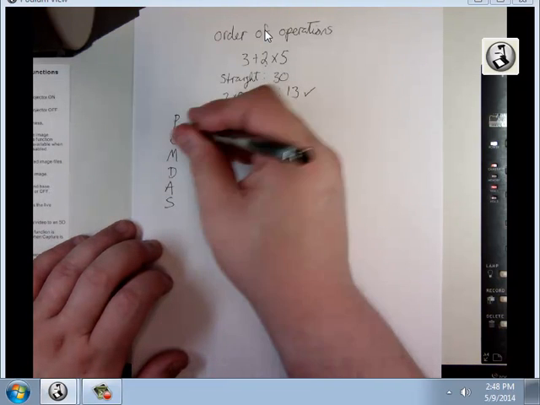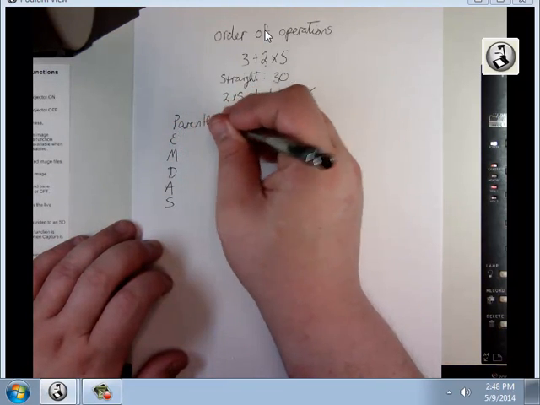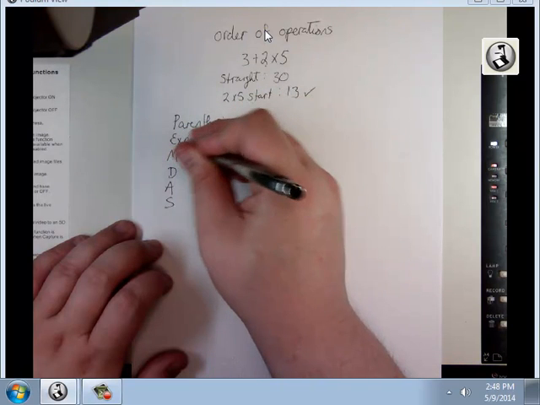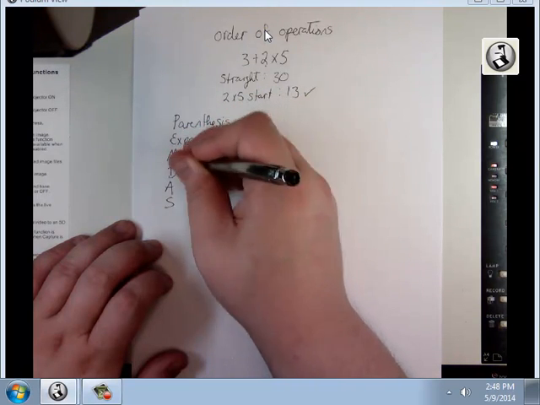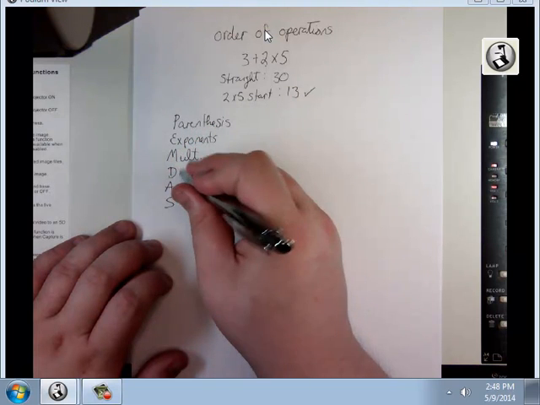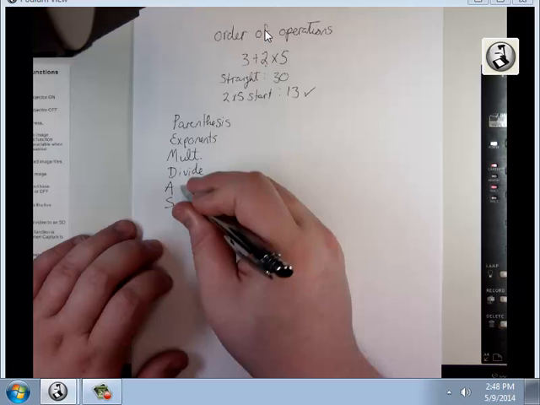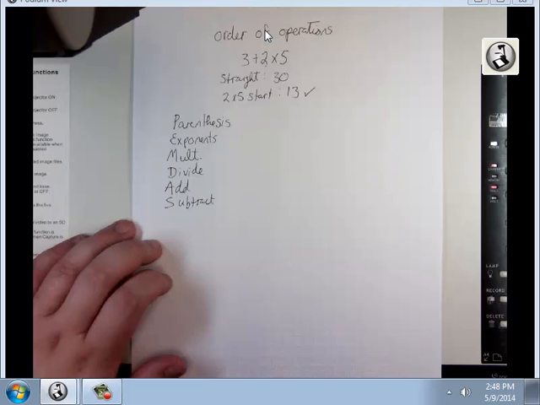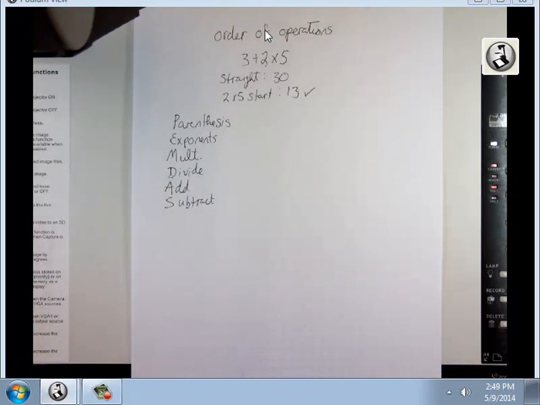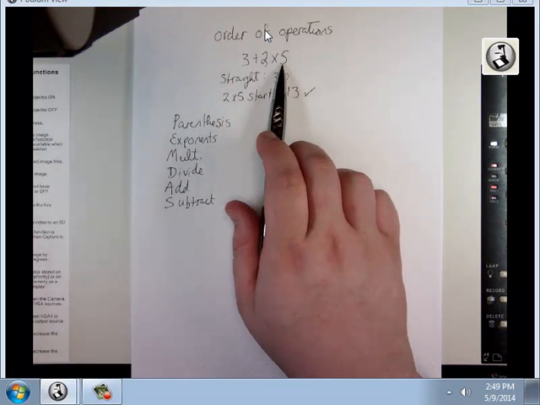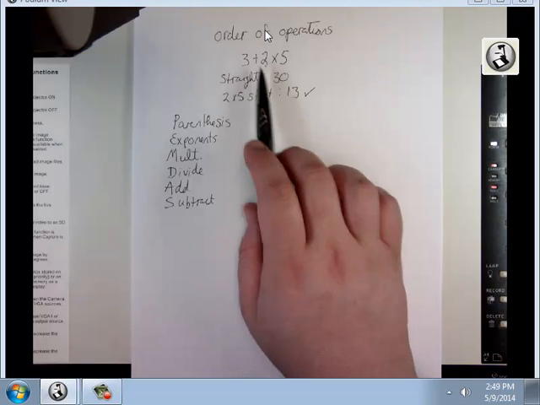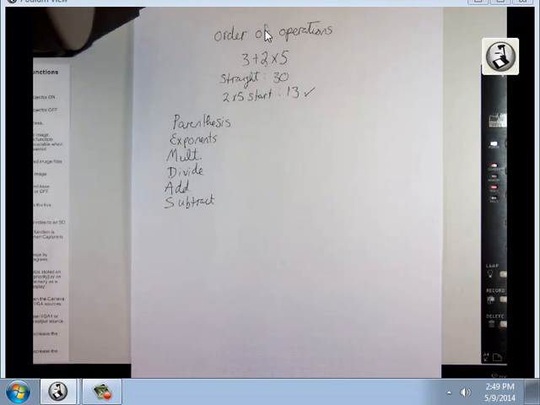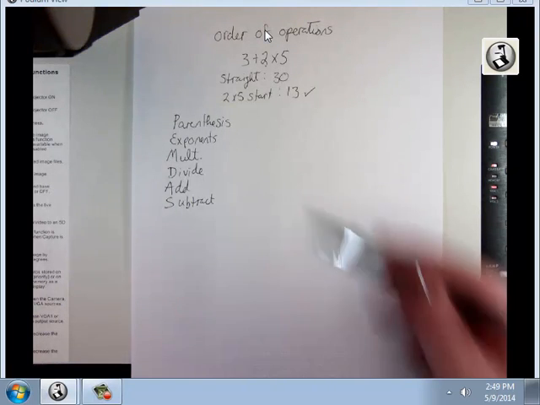Parentheses, exponents, multiply, divide, add, subtract. So there's your order. And that's why we were supposed to start with the 2 times 5 up here to get the 10, then add 3 to get 13. So this is the order that you have to do all your steps in.